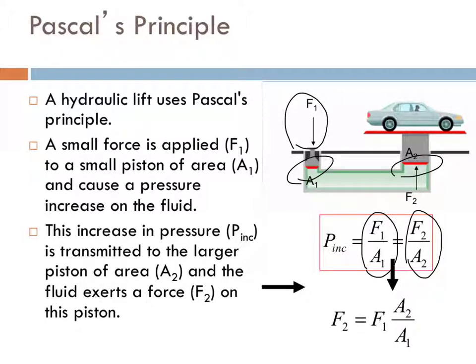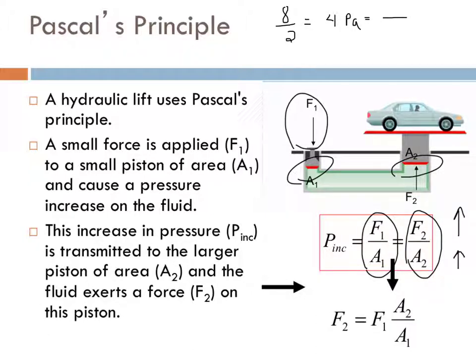But because our area will be much larger, our force also has to be much greater in order to compensate and still produce the same pressure. So you can think of the fraction 8 over 2, where 8 is my force and 2 is my area. This is going to produce a pressure of 4 pascals.